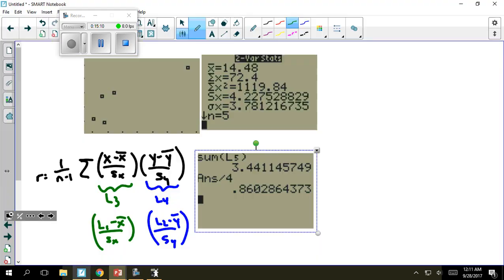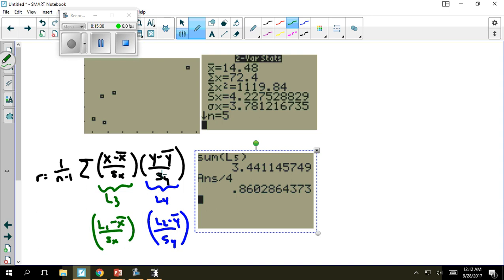Now examine the formula one more time. What do you think is going to happen if we switch the explanatory and response variables? So instead of putting height here and weight here, I do it the other way around. Or instead of putting college experience here and income here, I switch those.